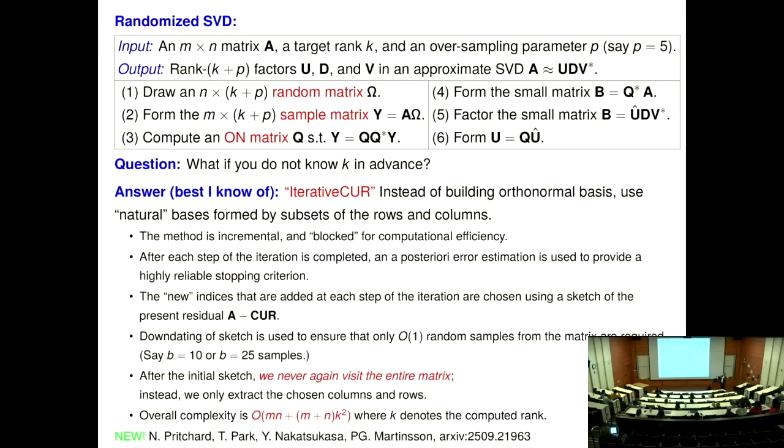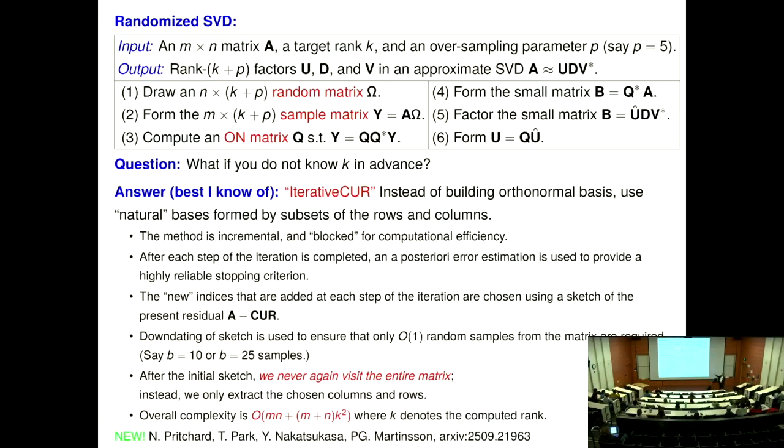So I extract those rows, say 20 rows, and then I play the same game on the columns of the samples that I extracted, so I pick 20 columns. So now I get a rank 20 approximation to the matrix. I use those rows and those columns to form a rank 20 approximation to the matrix. The CUR approximation, if you follow these things.